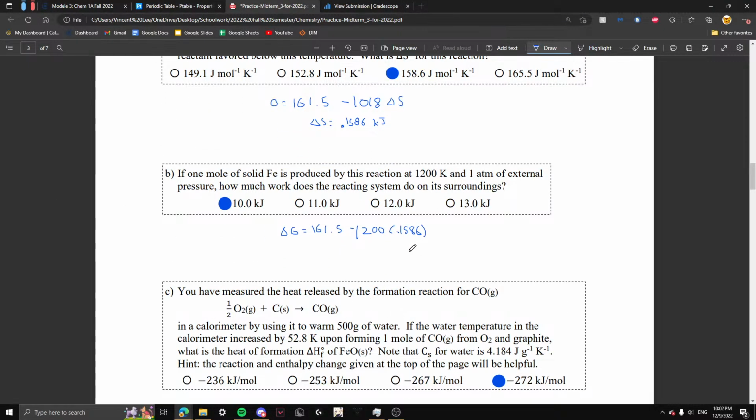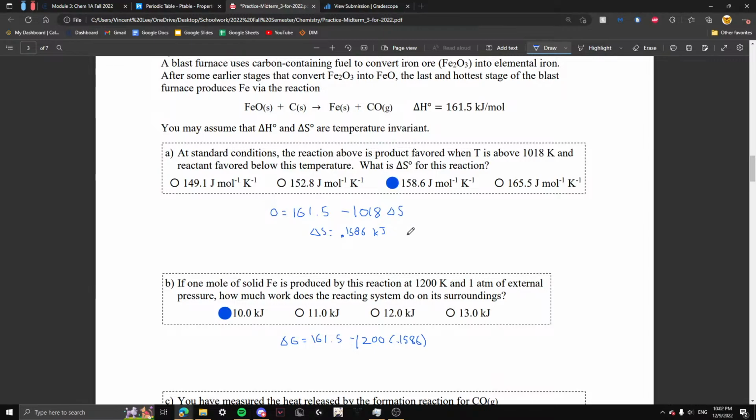Hello. I'm blanking on how to do this problem. I think I'm getting a weird number. At first I thought I was supposed to use delta G to do it, but second.